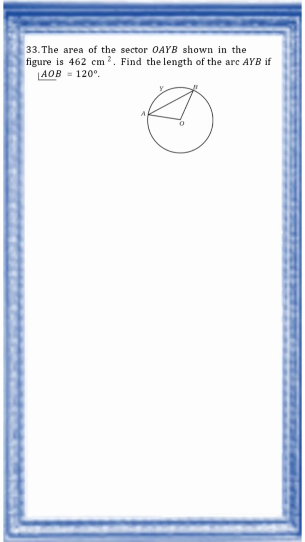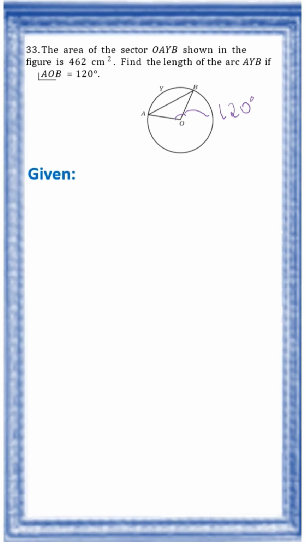Now let us solve the 33rd question. The area of the sector OAYB shown in the figure is 462 centimeter square. Find the length of the arc AYB if angle AOB is 120 degrees.